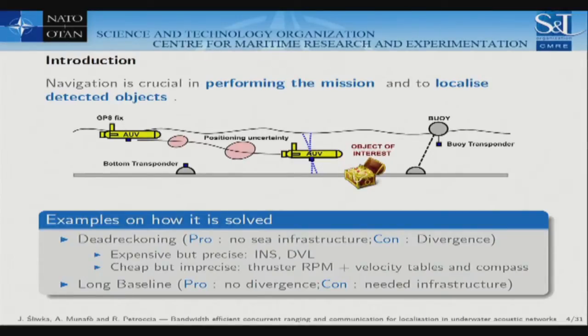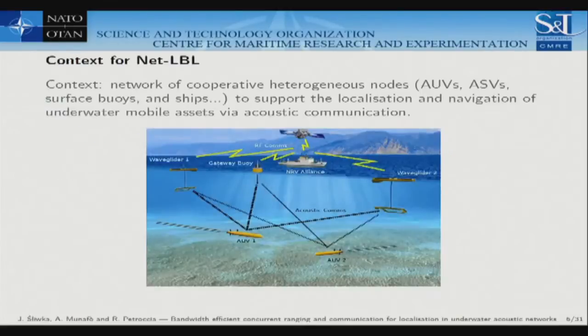That's where we're going to use the NetLBL. The NetLBL is in the context of having multiple nodes on the water, on the surface, ships, etc., which all have an acoustic modem and communicate with one another. Some nodes can be underwater, some nodes can be on the surface, and provide the long baseline localization capability to the AUVs.